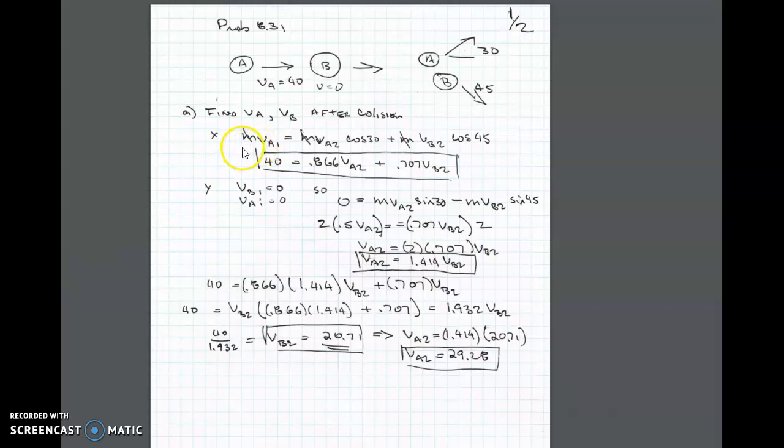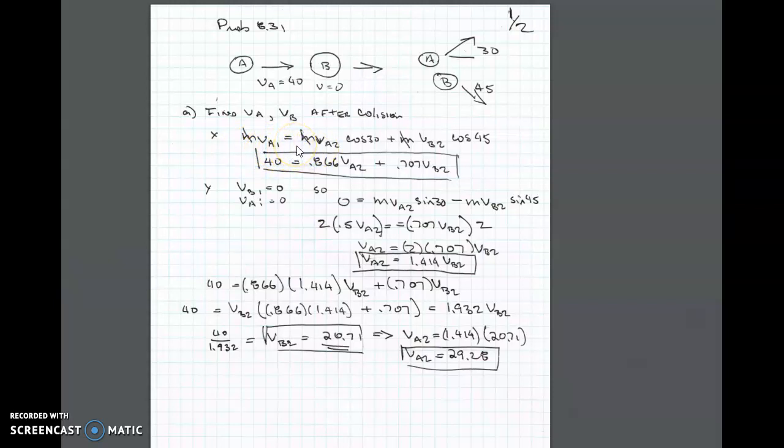Before the collision, the velocity of B is zero, so all you have is the mass times the velocity of A before the collision.